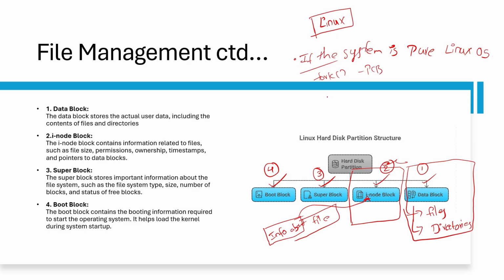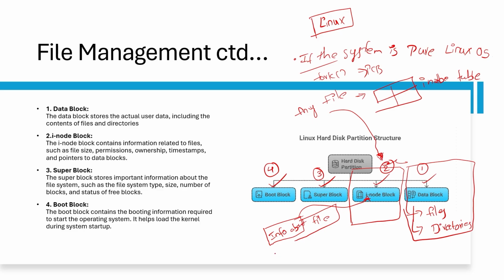Similarly, when you create any file, any folder or anything, automatically one block will be created. That block is a table, the inode table. Those tables are present in this block.